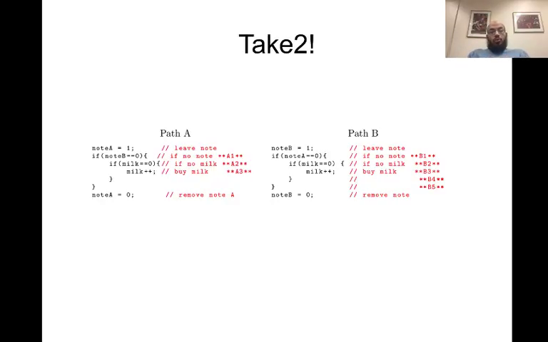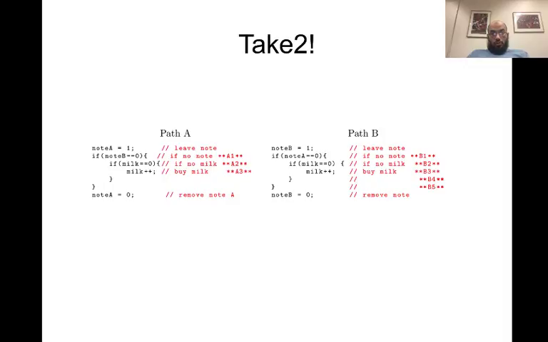So there's no note from me, note A is equal to 0, and then you check for the milk. Previously you have been checking for the milk first and then writing the notes second. Now you're doing the exact opposite. You check for the notes. If there are no notes, you buy the milk. You go and buy the milk and you write your note.